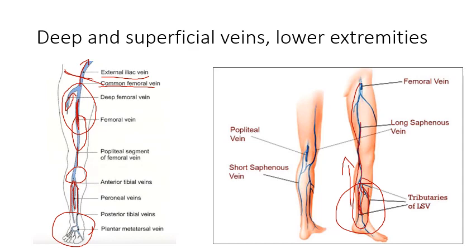It goes all the way up to the groin area, where it dips into the deep system and empties its blood into the femoral vein. Whereas the short saphenous vein, the little brother of the long, is on the back side of the lower leg, and that empties into the popliteal vein.